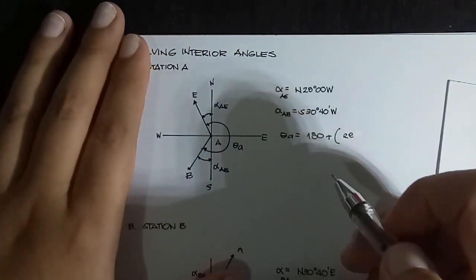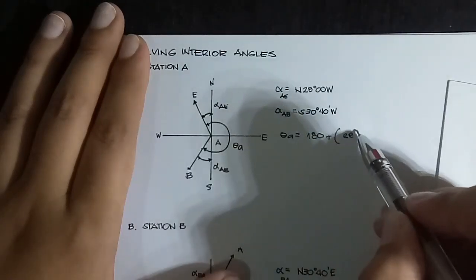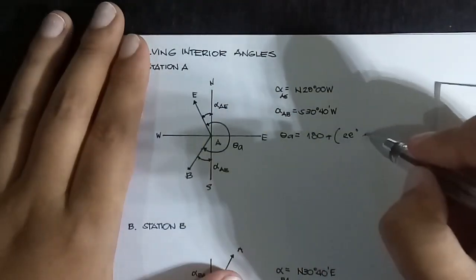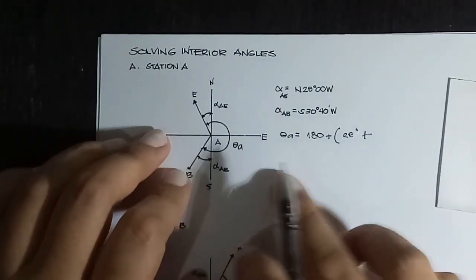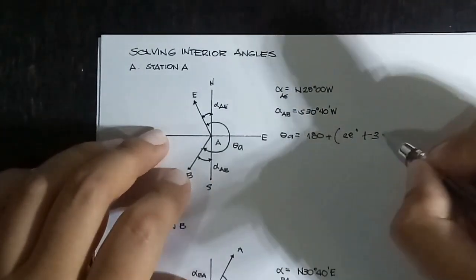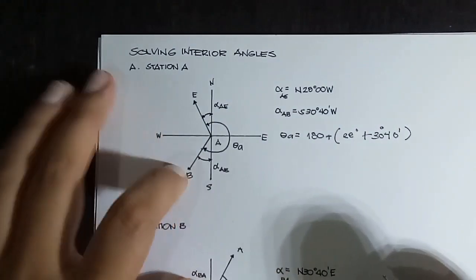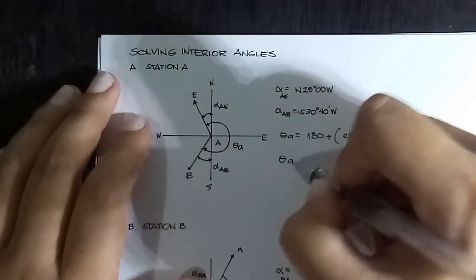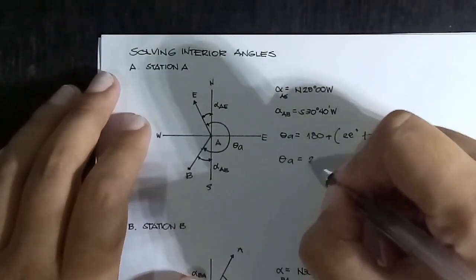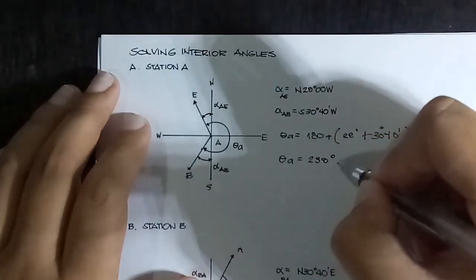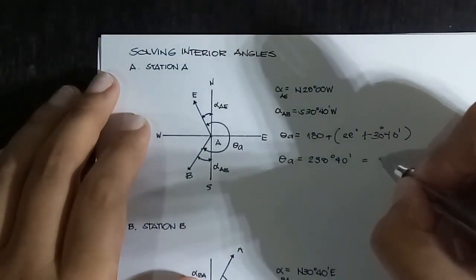So, ang i-add na lang natin is yung observed bearing ng AE, which is 28 degrees, plus yung ating observed bearing ng AB, which is 30 degrees and 40 minutes. So, input sa calculator, ang lalabas na value ay 238 degrees and 40 minutes. Yun yung interior angle natin sa A.